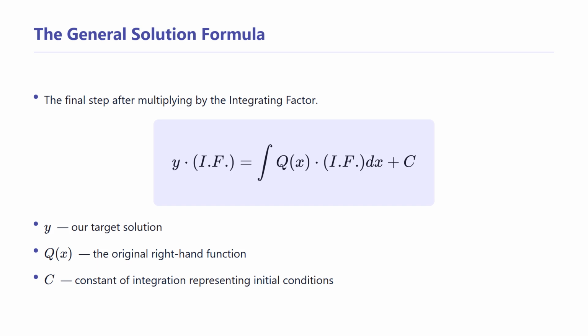On the right side, we take the original right-hand function q of x, multiply it by the integrating factor, and integrate that entire product. The symbol c is the crucial constant of integration that arises here, representing the initial conditions of our physical system. To find the explicit solution for y, you simply evaluate the integral on the right and divide by the integrating factor.